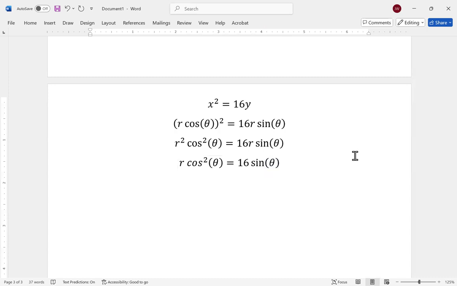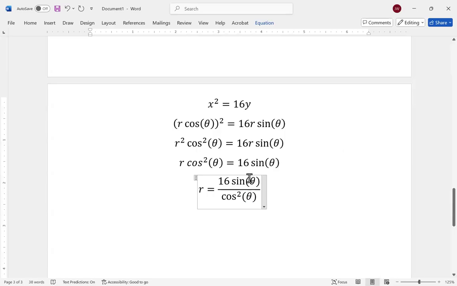And then when I divide both sides by cosine squared, I get r equals 16 times the sine of theta on top divided by cosine squared of theta on the bottom. There's a number of ways we can rewrite that.